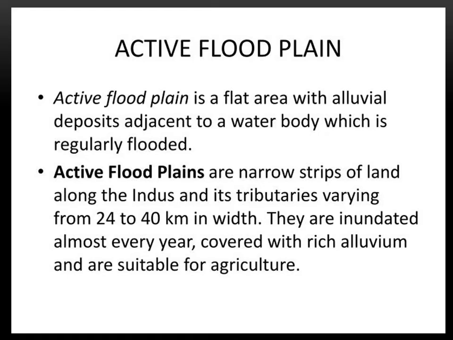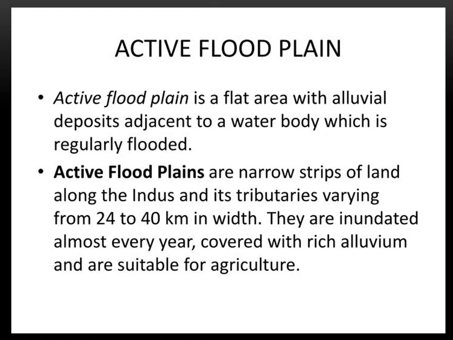Active floodplains are narrow stripes of land along the Indus River and its tributaries. Tributaries are the small rivers or the major rivers which are giving their water or contributing their water to River Indus. So these are called the tributaries of Indus River. Along the Indus River and its tributaries, varying from 24 to 40 kilometers in width, they are inundated.